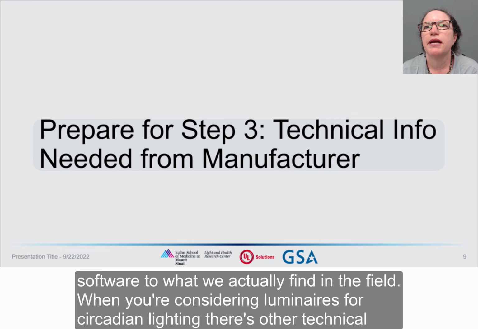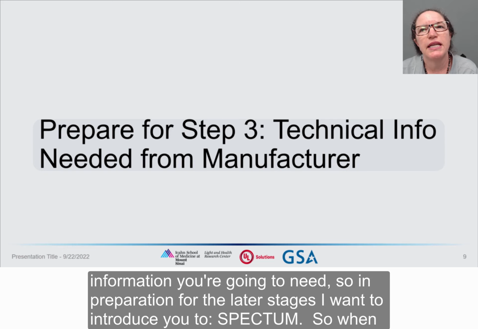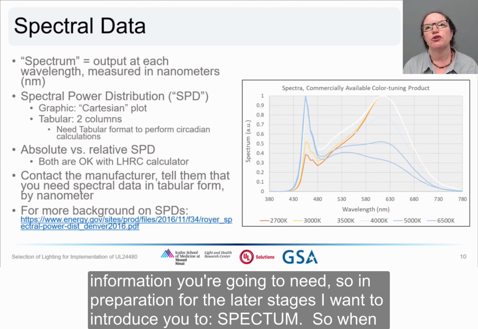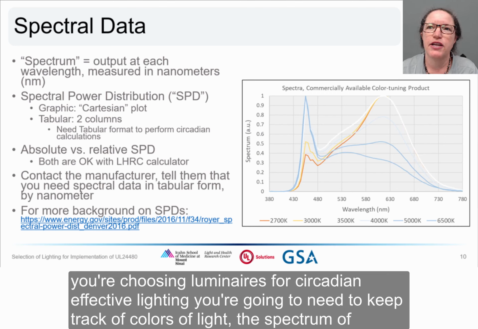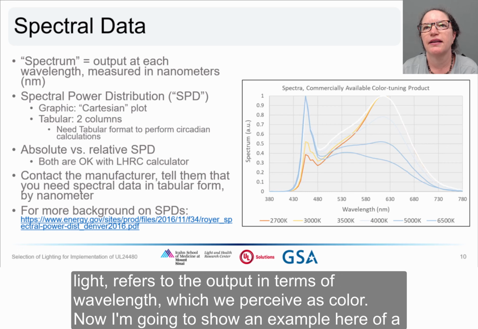When you're considering luminaires for circadian lighting, there's other technical information you're going to need. So in preparation for the later stages, I want to introduce you to spectrum. When you're choosing luminaires for circadian effective lighting, you're going to need to keep track of colors of light, the spectrum of light. It refers to the output in terms of wavelengths, which we perceive as color.